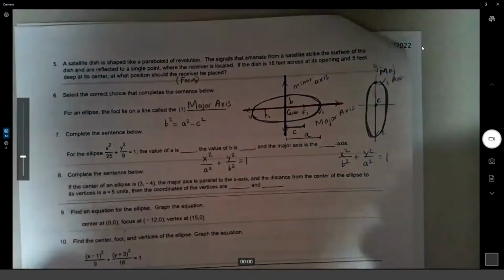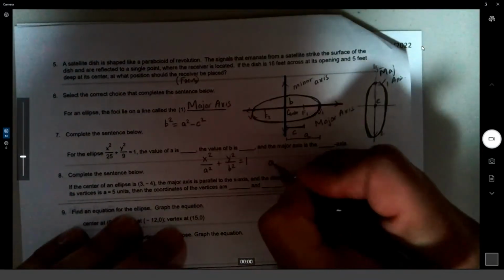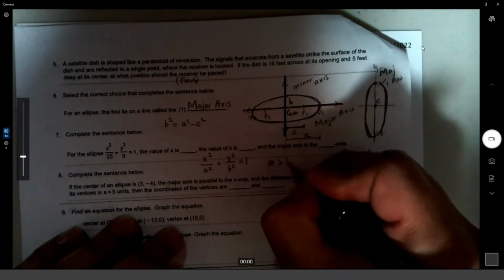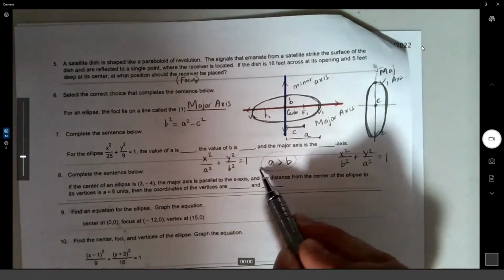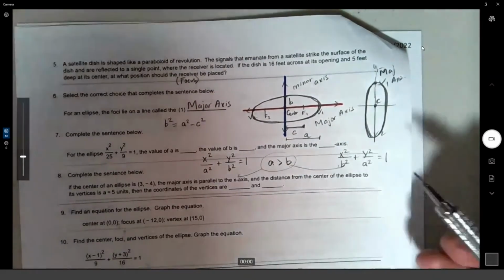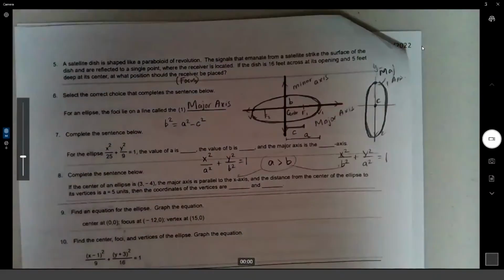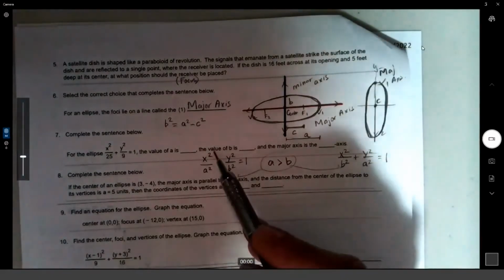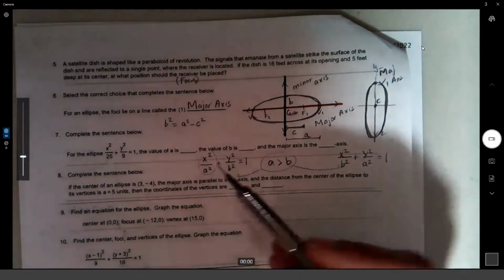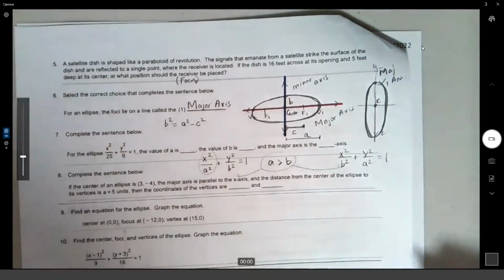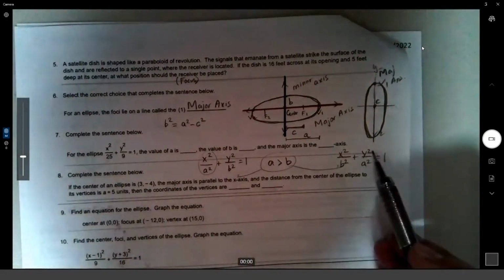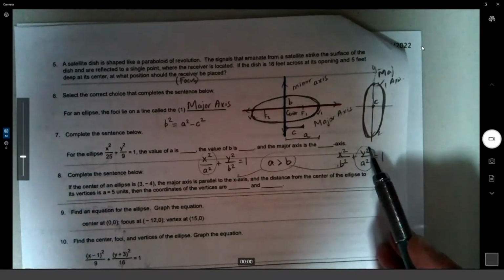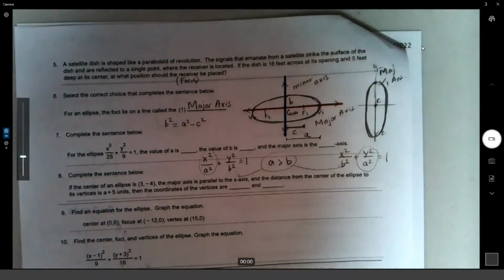The idea here is that a is greater than b, for both of these situations. So if the biggest number is under the x term, the ellipse will be laying on its side. If the biggest number is under the y term, then the ellipse will be standing up.